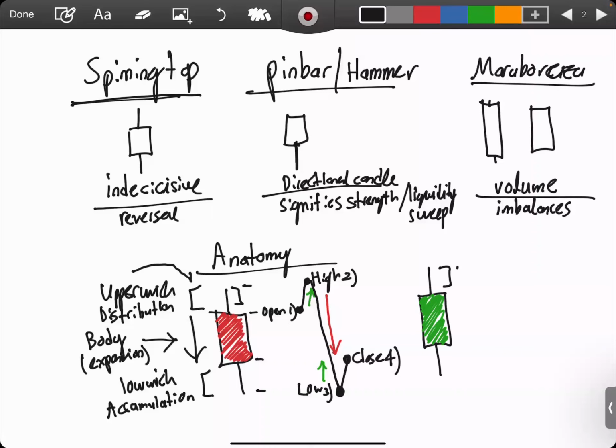All right, so we have our upper wick. We have our body, which represents expansive moves. Then we have our lower wick.